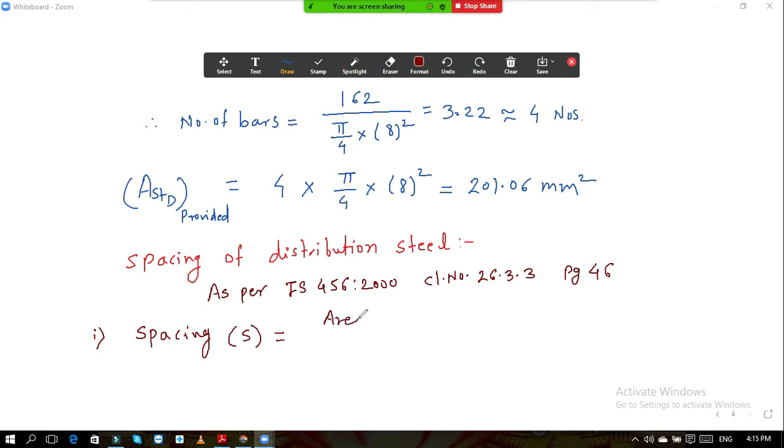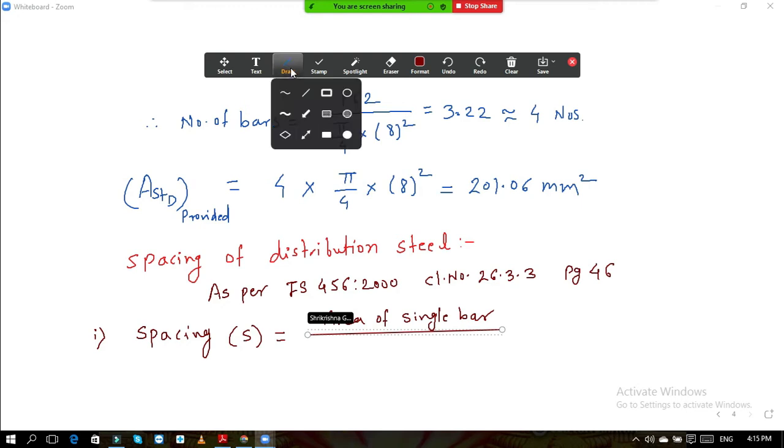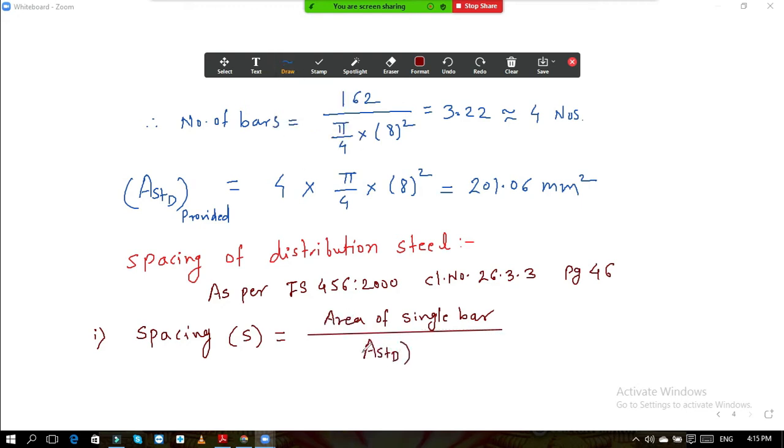I will write that formula once again: S equals area of single bar divided by area of distribution steel which is provided, multiplied by width. Now we will put the values.